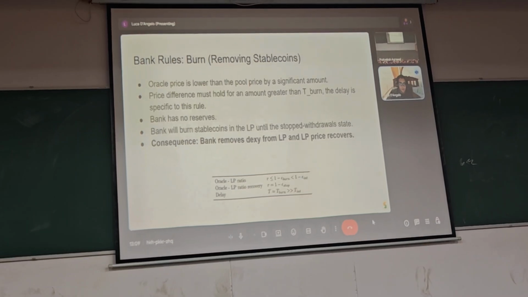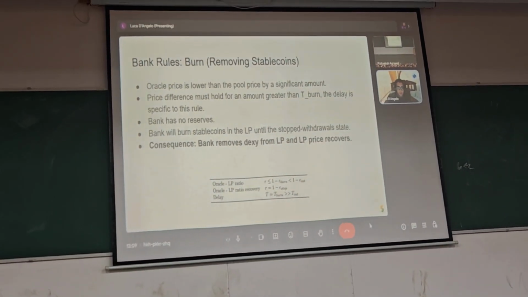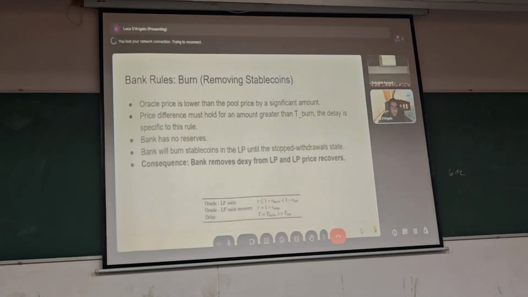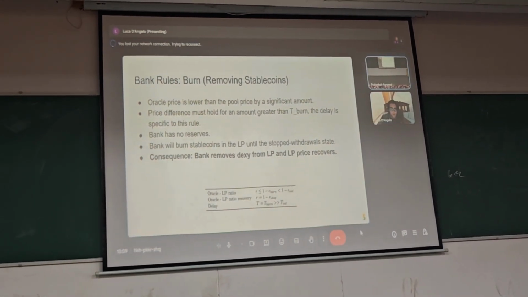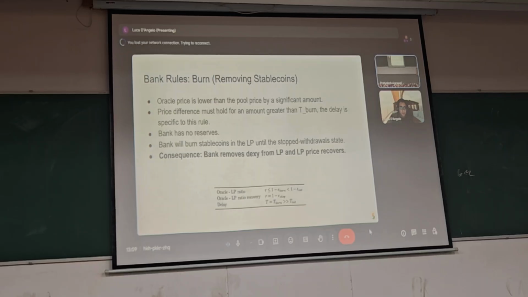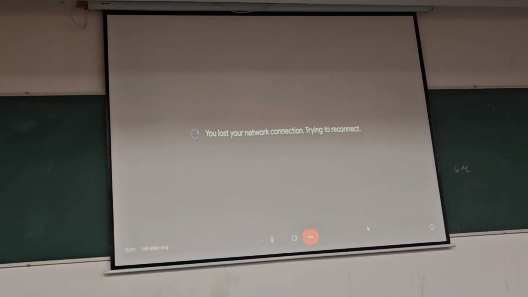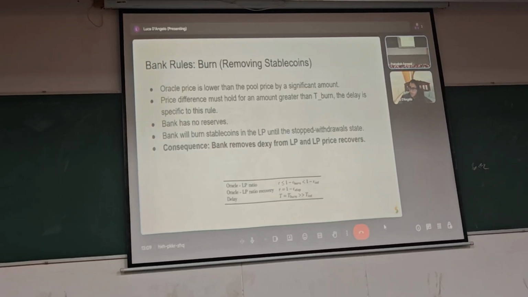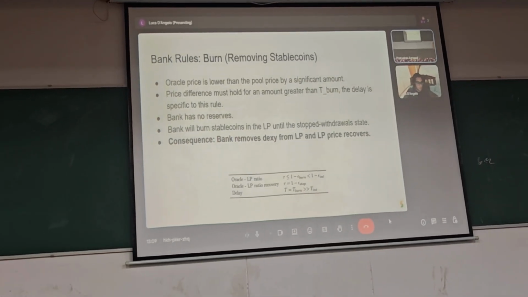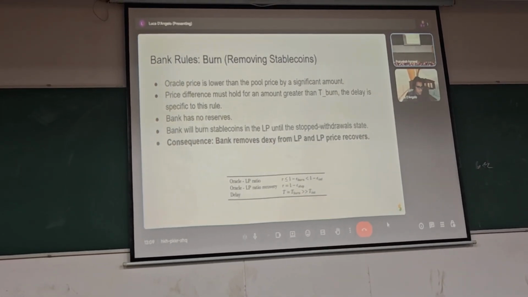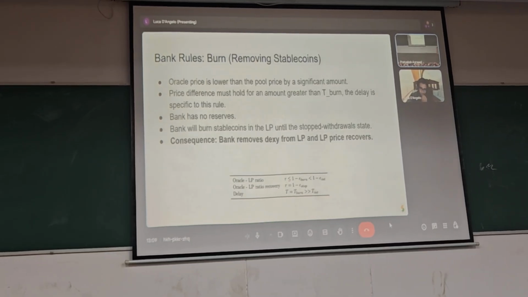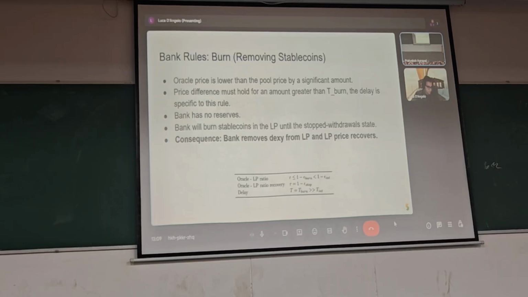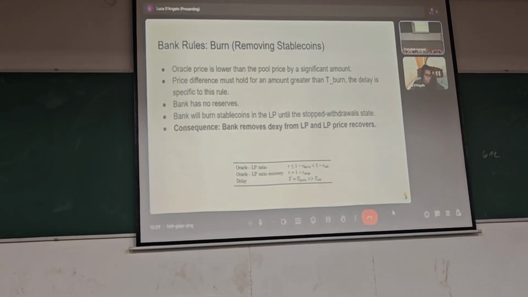My question is, there might be other liquidity pools between Dexy and Erg, but the bank monitors only one of them. So why would people provide liquidity in that particular liquidity pool where the bank can potentially burn their stablecoins, instead of providing liquidity in some secondary liquidity pool?